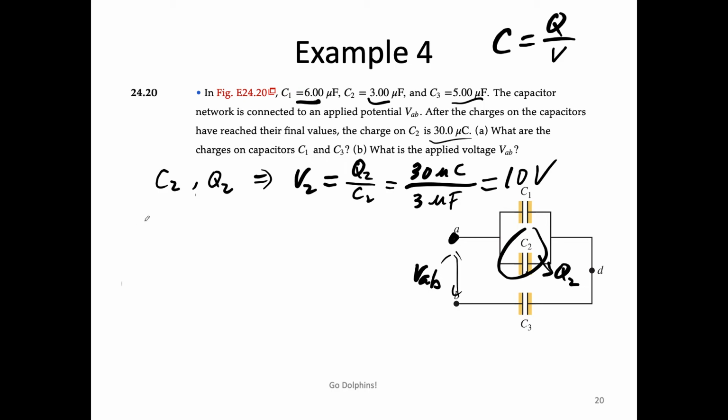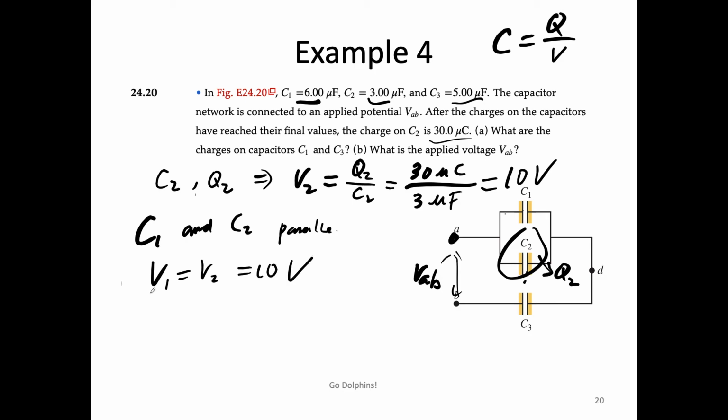Okay, how are C1 and C2 connected? C1 and C2 are in parallel. So V1 equals V2 equals 10 volts.